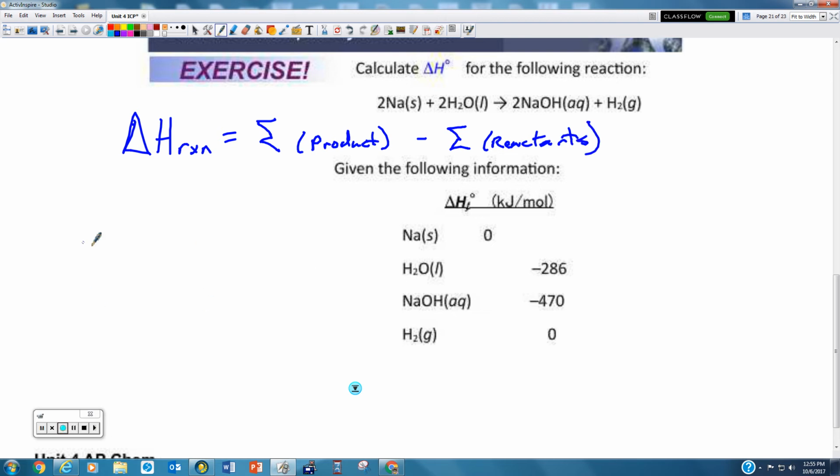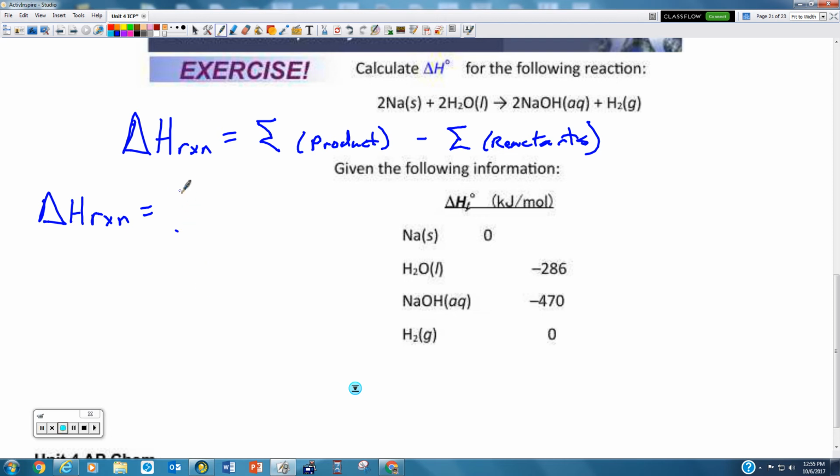Now, when you're putting the information in, be careful about how you enter it. Use parentheses, use order of operations, all of that, just so that you don't mess up.